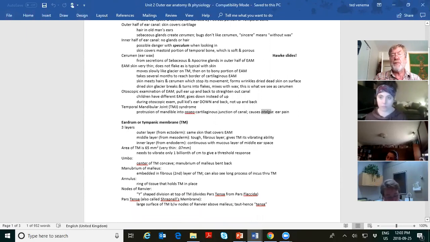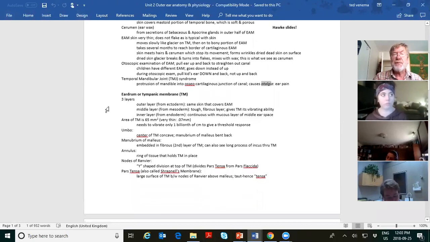The eardrum has 3 layers. It's the only part of your body that retains the original 3 layers of tissue from when you were an embryo, before you were even a fetus.